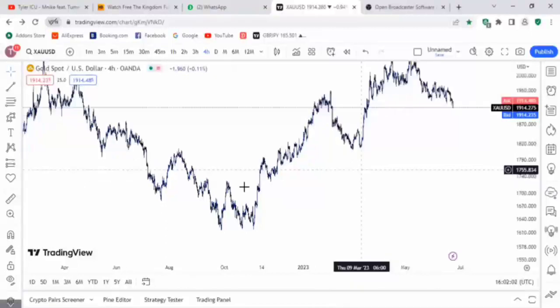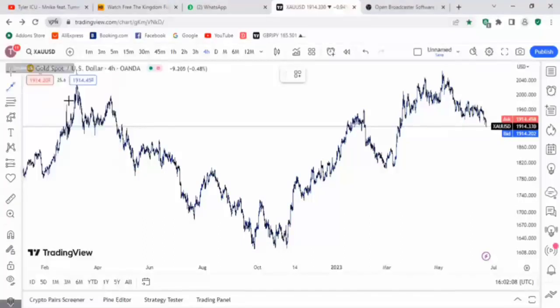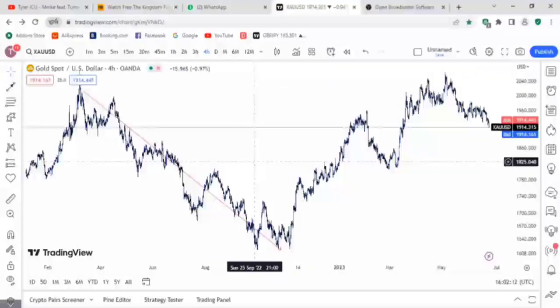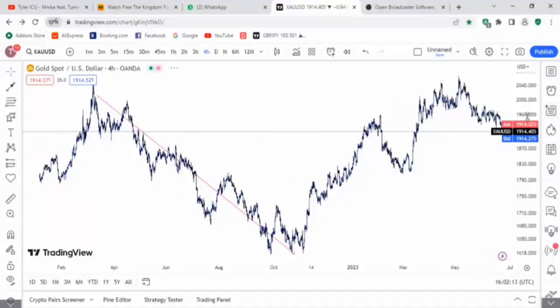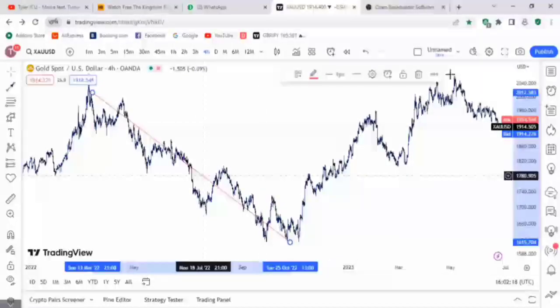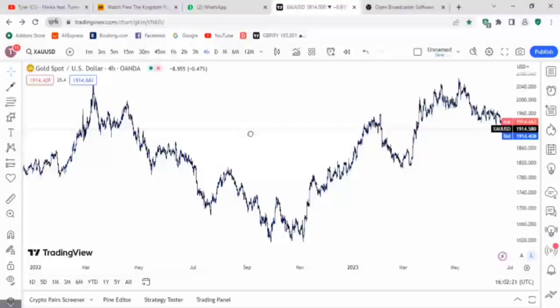Okay, I would like us to focus firstly from this point up to this point. We can tell that gold is moving in a clear downtrend. So after finding the trend, the second thing is to identify your highs and your lows.